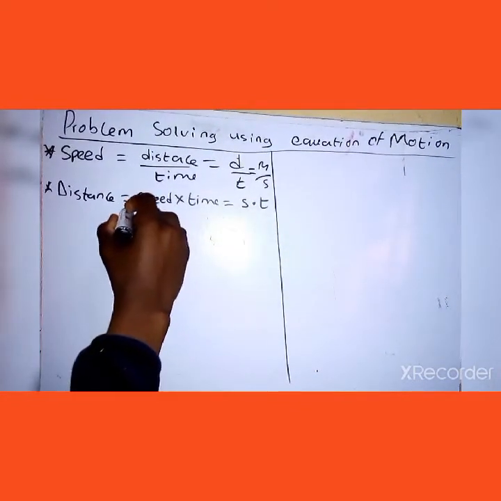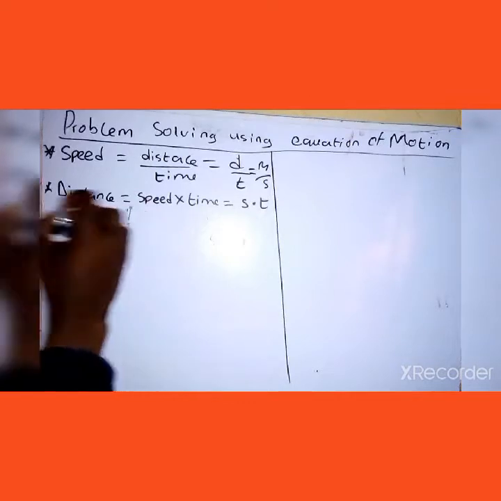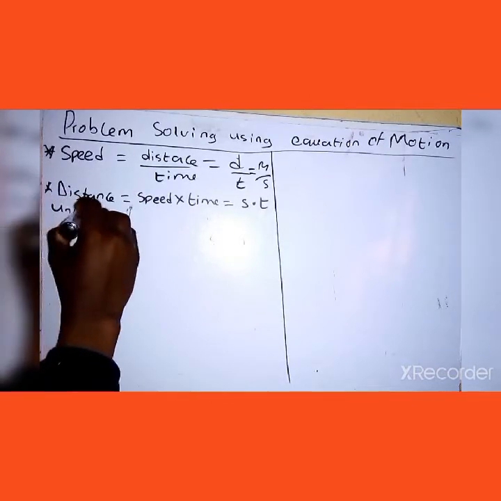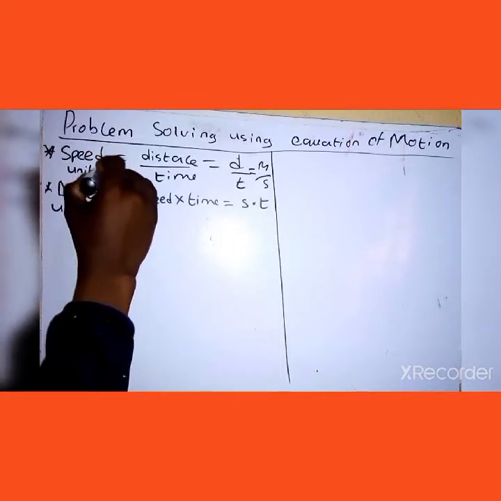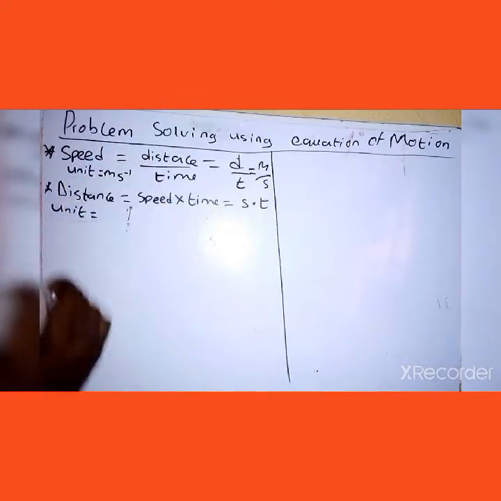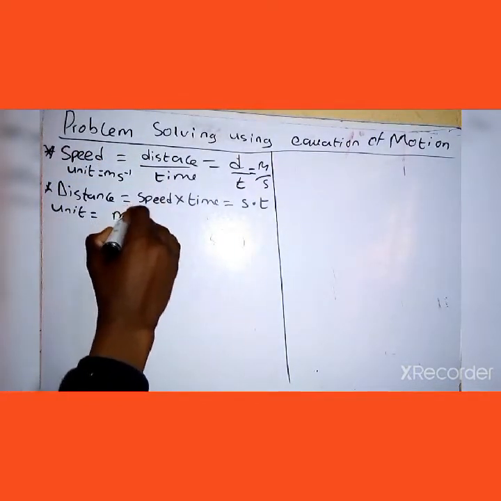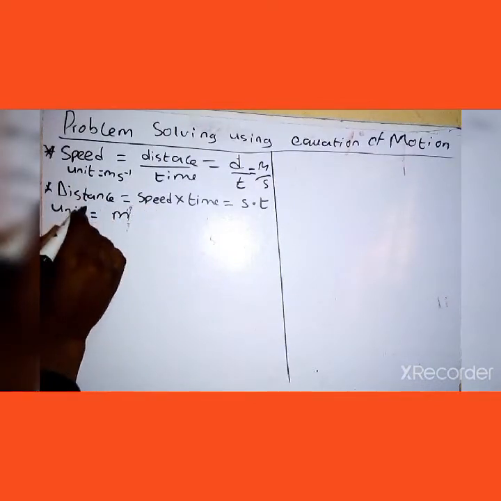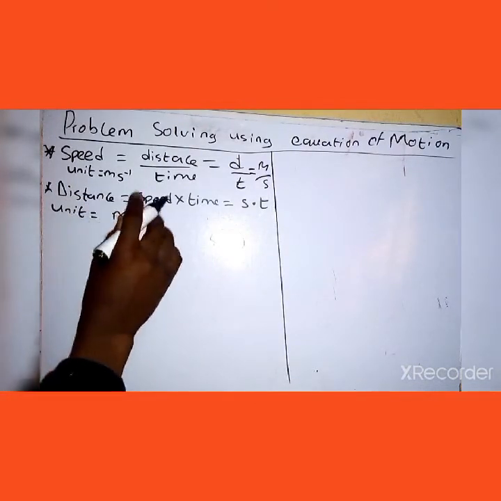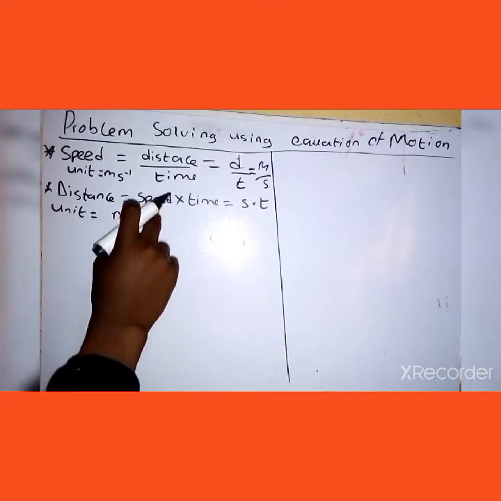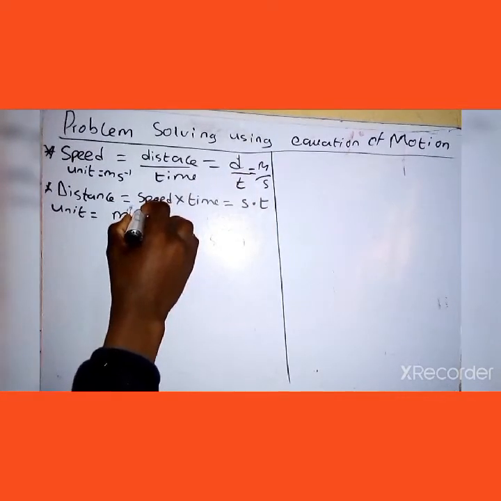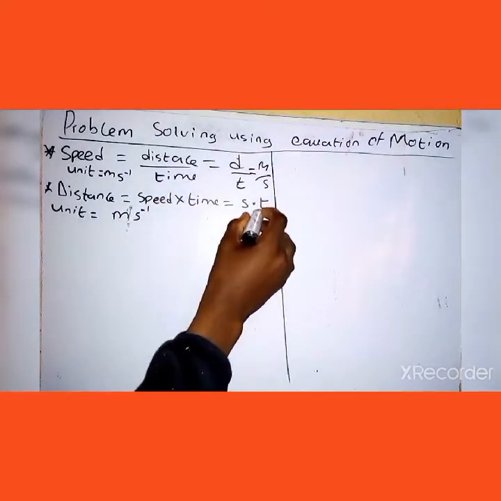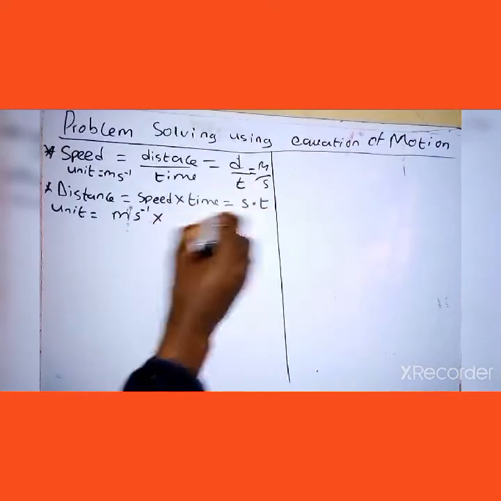So what is the unit of distance? The unit of speed is meter per second, and the unit of time is second.